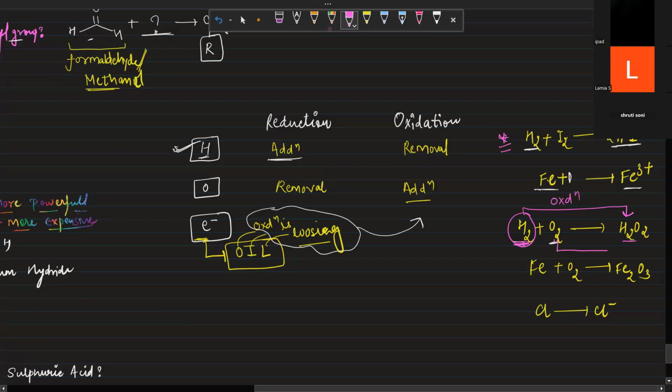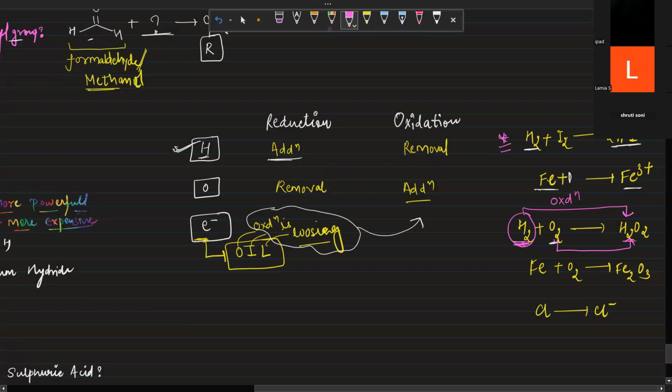Let's suppose O2 is converting into H2O2. So in that case, what sort of element or thing is added to O2? Is it peroxide? I'm just asking you, from O2 to H2O2, is that reduction or oxidation?